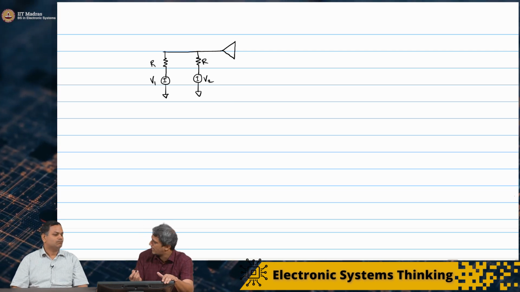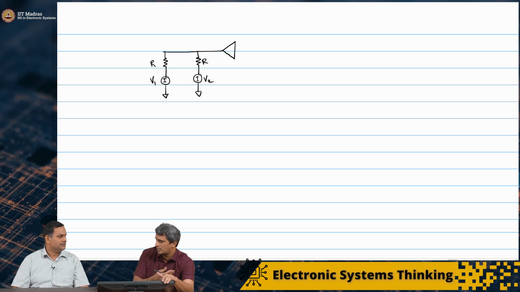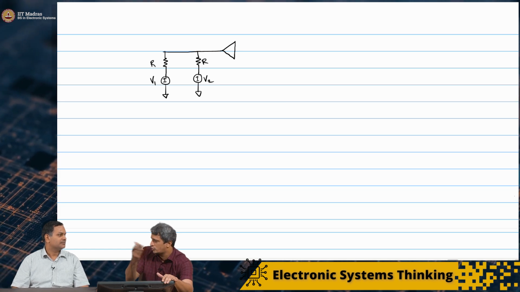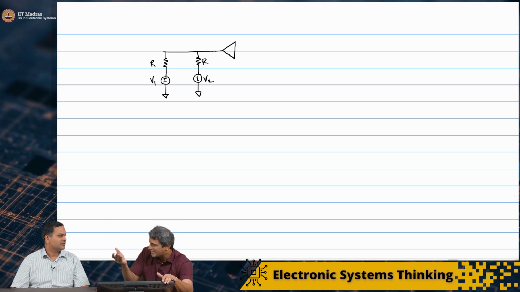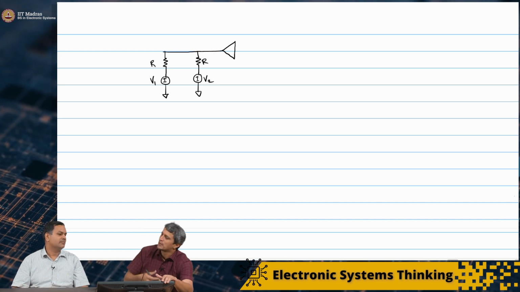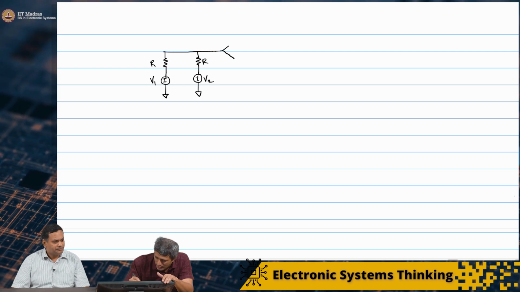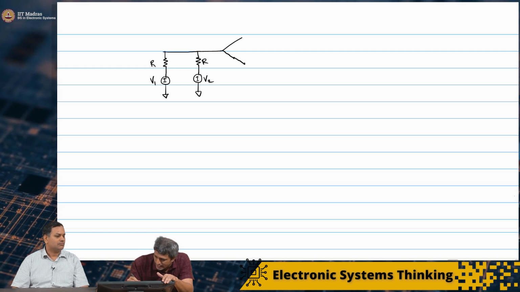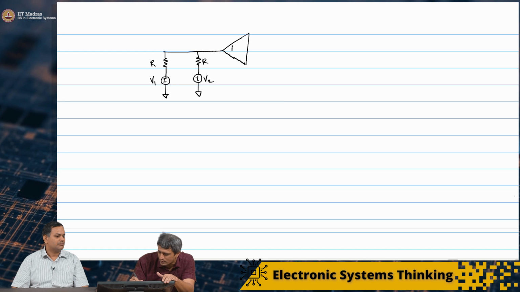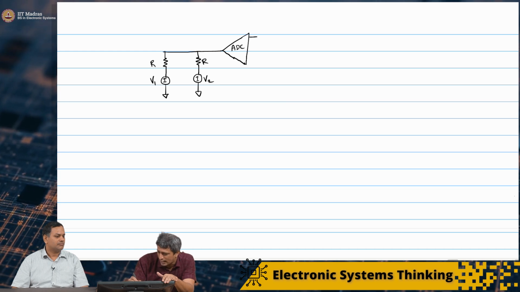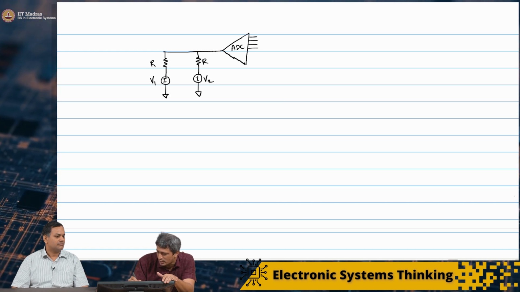We know what an ADC is: it takes an analog voltage and gives you some integer mapping to that number, which we can also represent as bits. So we'll call this an 8-bit ADC, and I have 8 bits available here as my answer.